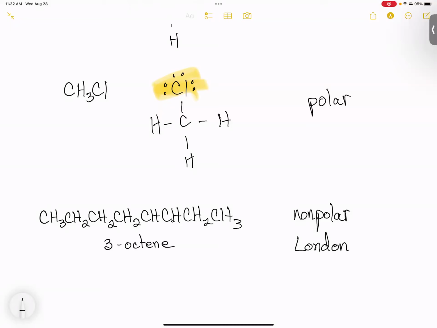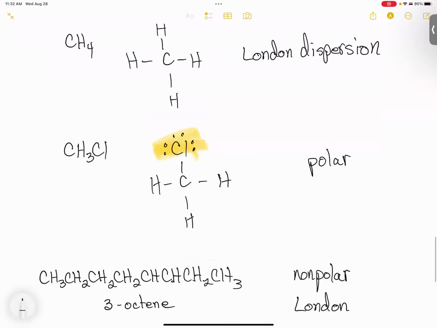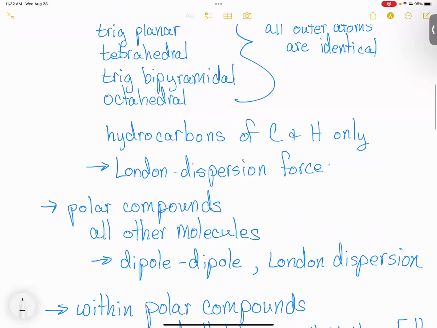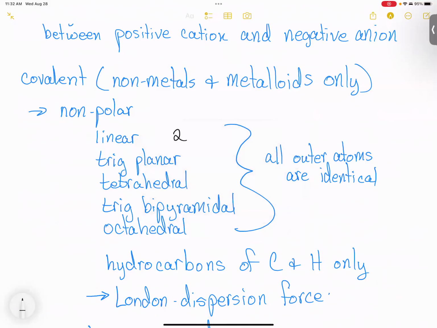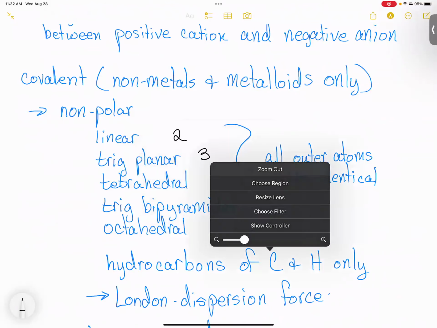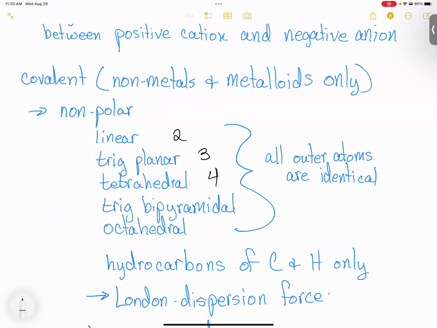Tetrahedral is when there's 4 atoms around the central atom. Correct. So up here in my little list that I made, linear, there's 2 atoms on the central atom, trigonal planar, there's 3 atoms on the central atom, 4, 5, and 6.